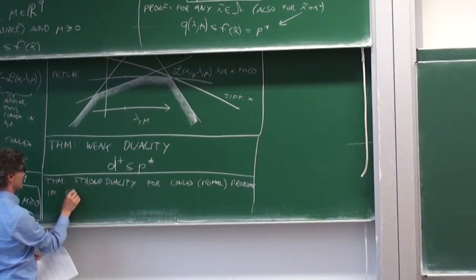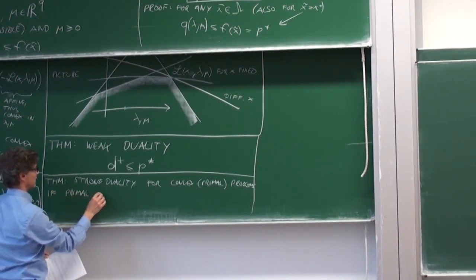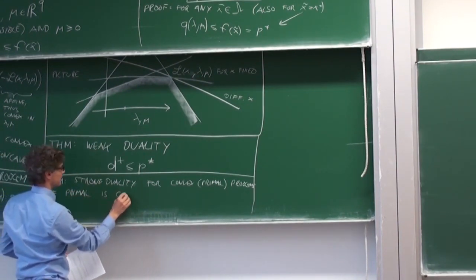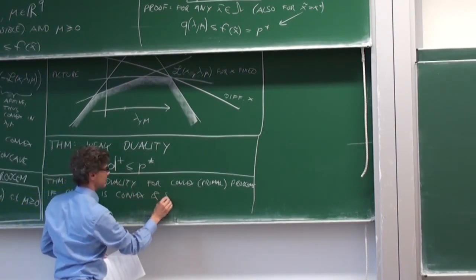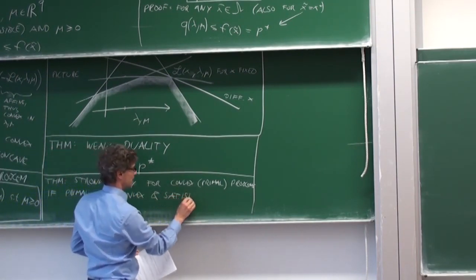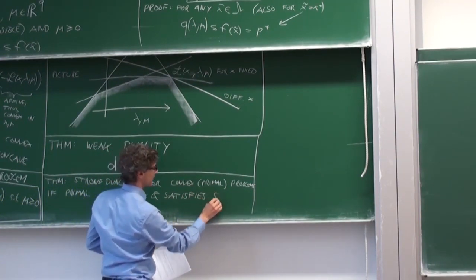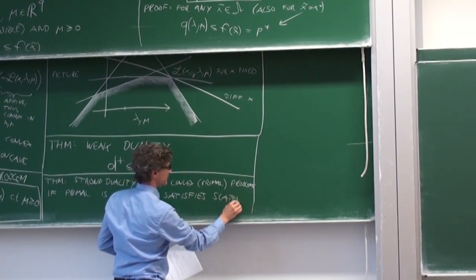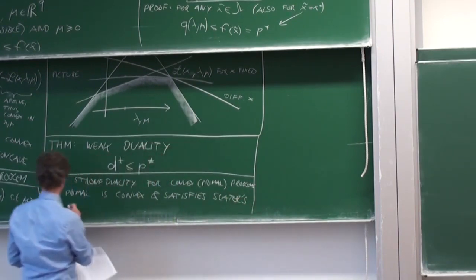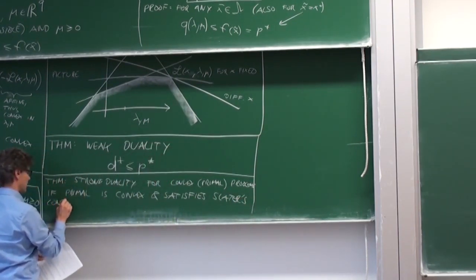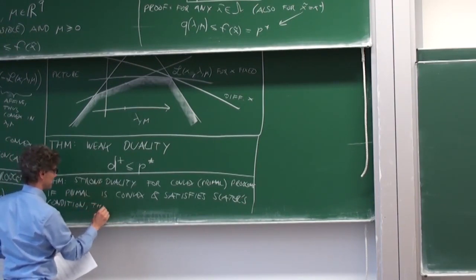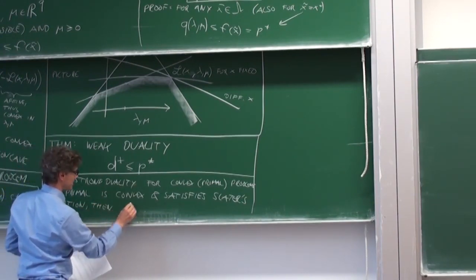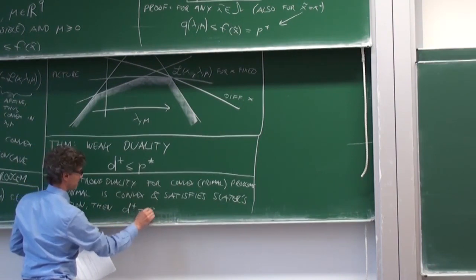If the primal is convex and it satisfies a so-called technical condition, called Slater's condition, then d star is equal to p star.